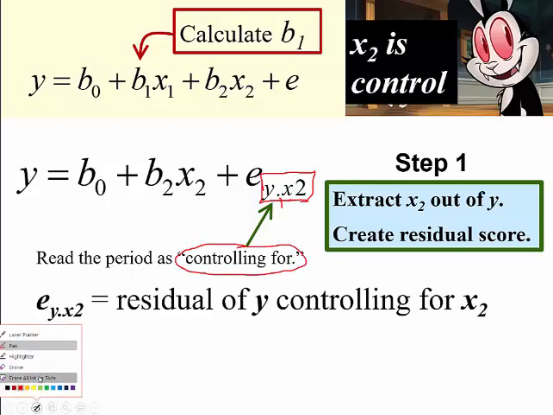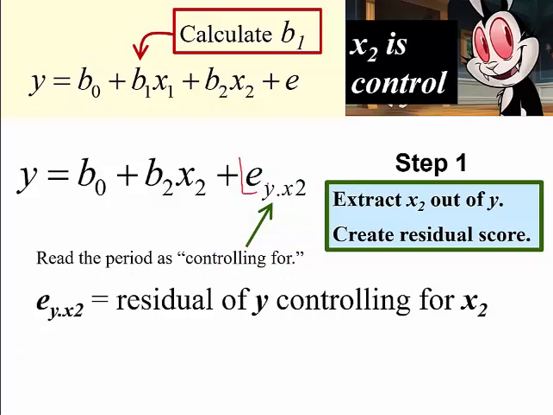So what that means is this is the error for a variable y controlling for x2. In other words, it's the residual for y with x2 extracted out of it. So E subscript y period x2 means the error for y controlling for x2, which is the same thing as saying the error for y with x2 extracted out of it.